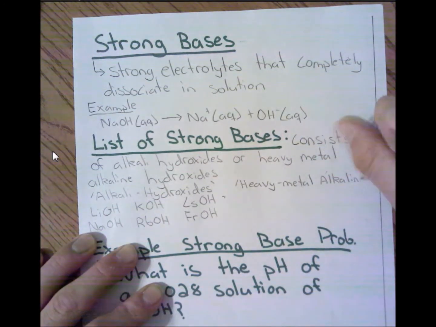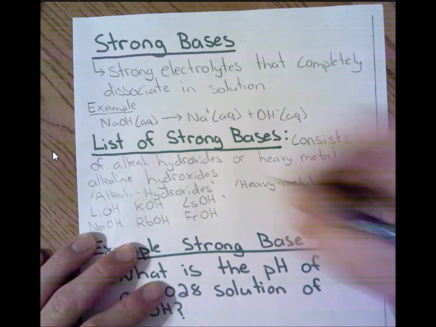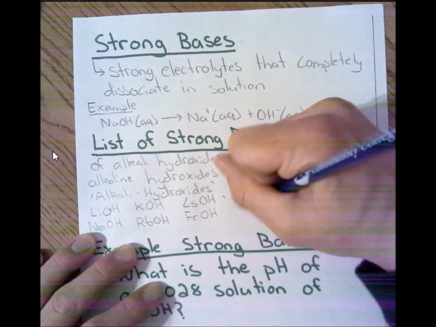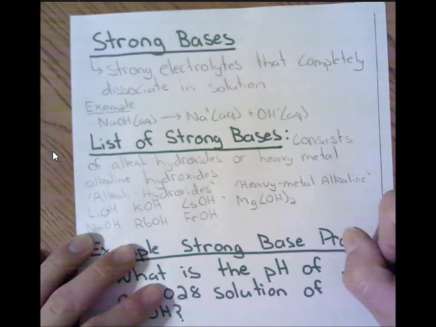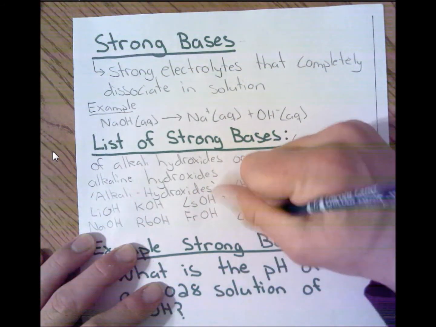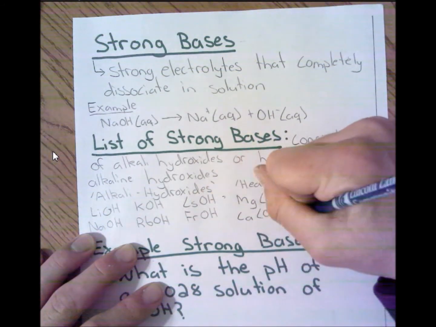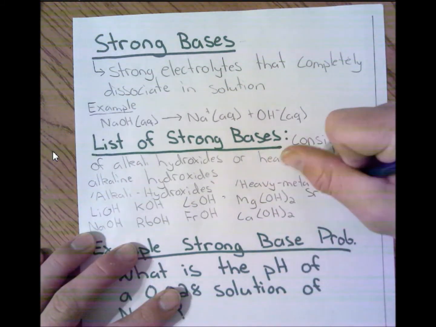And so we get Mg(OH)2. We get calcium hydroxide, which is Ca(OH)2. We get strontium hydroxide, which is Sr(OH)2. And we get barium hydroxide as well.